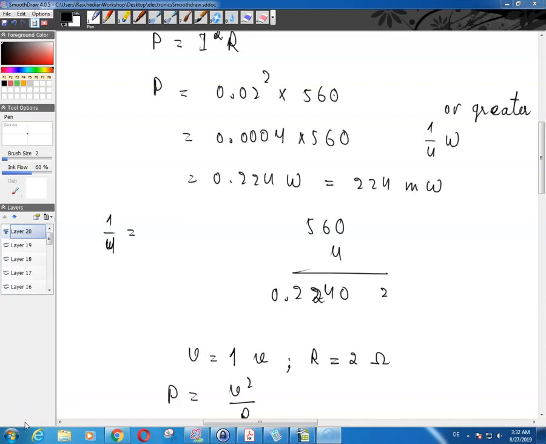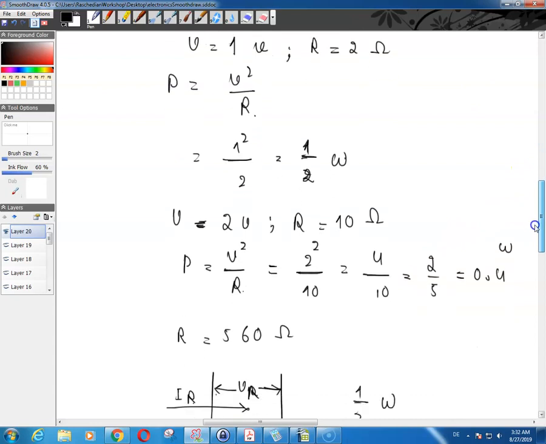Now in the case of, for example, this circuit, we got 0.4 watts power dissipation. So the resistor that you choose for this kind of circuit would be, for example, a 1/2 watt resistor or so, 0.5 or 1/2 watt.